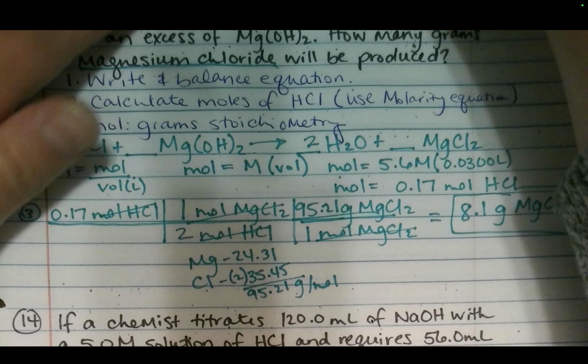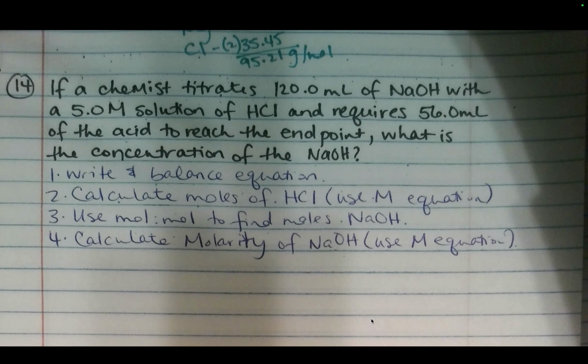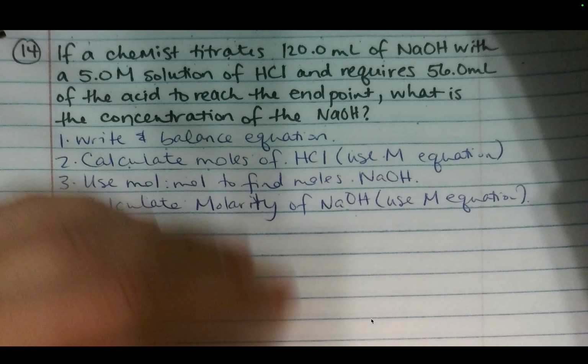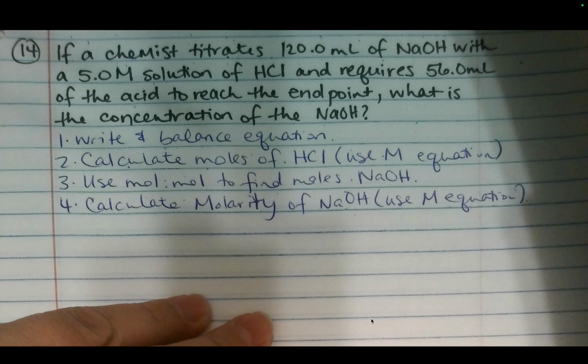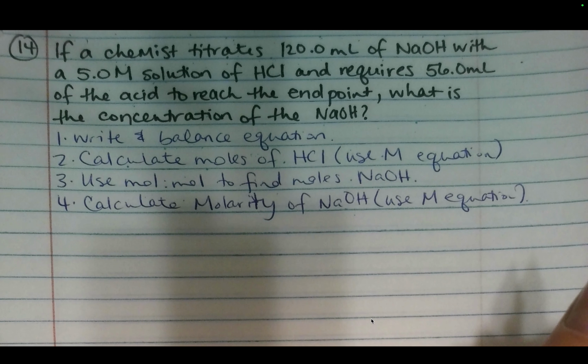Okay, now I'm going to do question 14, which is the titration question. If a chemist titrates 120 milliliters of sodium hydroxide with a 5 molar solution of hydrochloric acid and requires 56 milliliters of the acid to reach the end point, what is the concentration of the sodium hydroxide?